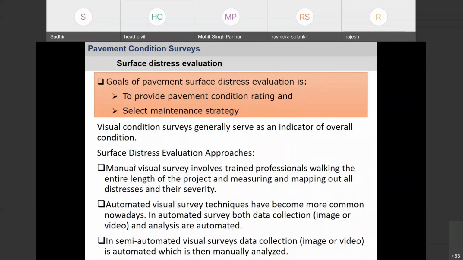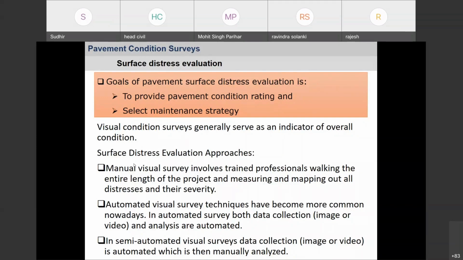You might also have a semi-automated visual survey technique, in which the data is collected through an automated method, could be image, could be video, but then this data is not automatically analyzed. In fact, the data is run in the lab, and then you manually analyze the data, deciding what distresses are present in the project length.